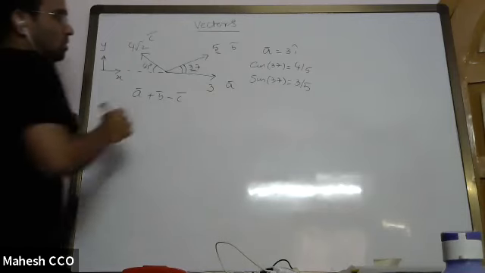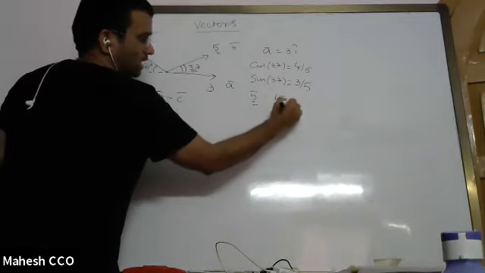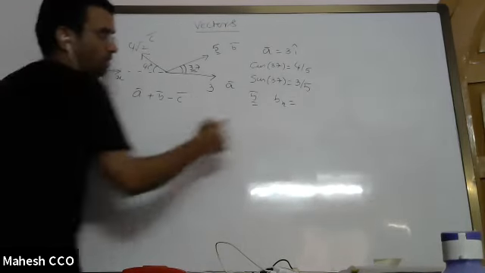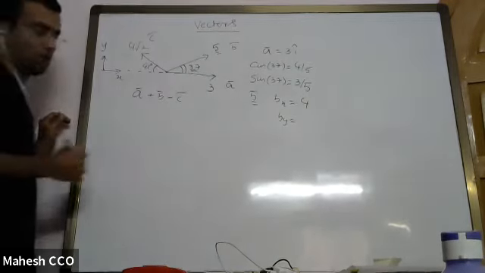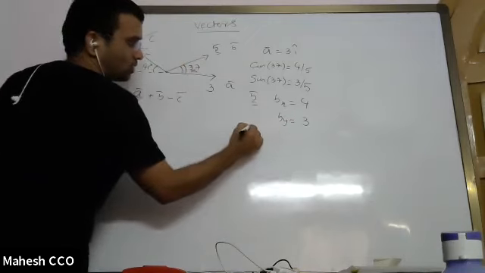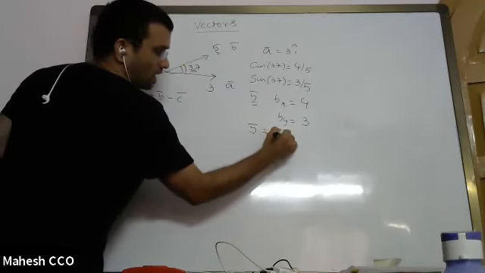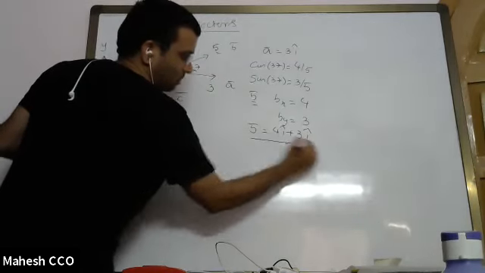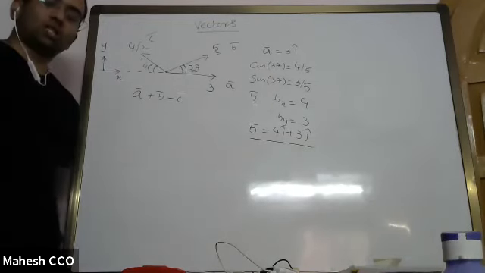So B bar, its x component Bx is equal to 5 cos 37, that is 5 into 4 by 5, or 4. Its y component is 5 into 3 by 5, which is 3. So B bar will be equal to 4 i cap plus 3 j cap. That is your B bar.